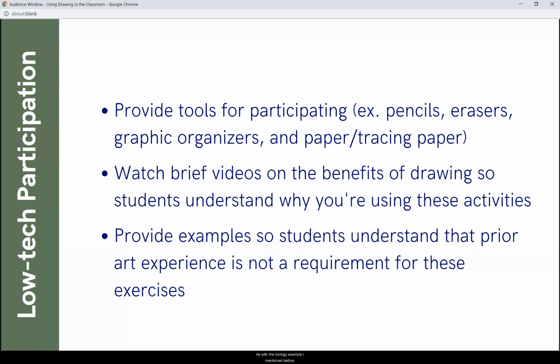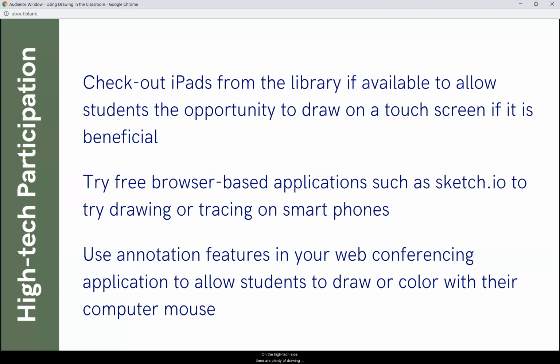As with the biology example I mentioned before, it may be easier to trace an image and label it versus drawing the diagram image from scratch, which can be intimidating for students who may be apprehensive about drawing or aren't confident in their artistic skill. On the high-tech side, there are plenty of apps and tools out there that can be used for drawing.